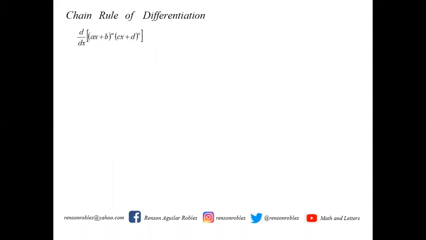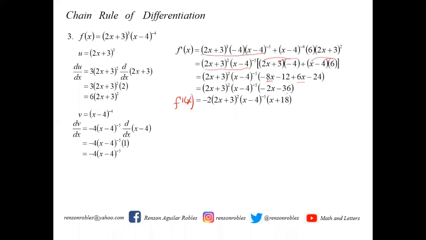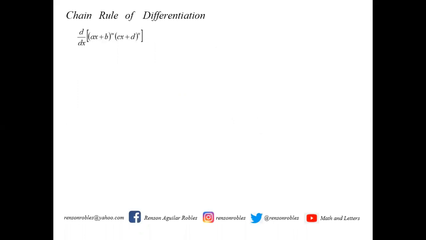Okay, next. Again, from this example, we shall generate the special formula to find the derivative of the quantity (ax+b)^m times (cx+d)^n. Okay, and here it goes. We shall let u be equal to (ax+b)^m, and its derivative would be ma, m times the derivative of this which is a.